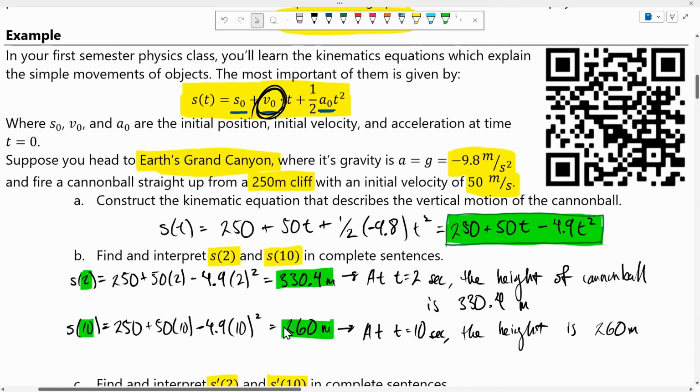So in this case, if we were given a position function for a cannonball, we can determine with real good accuracy the velocity at any point that we want, and its behavior at any point we want. Cool stuff, huh? Cool stuff.